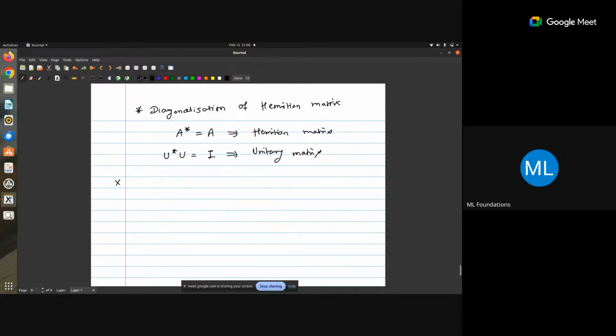An n cross n matrix over the complex space is similar to a triangular matrix.